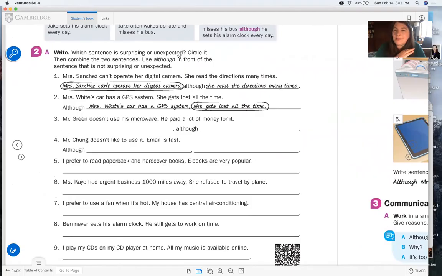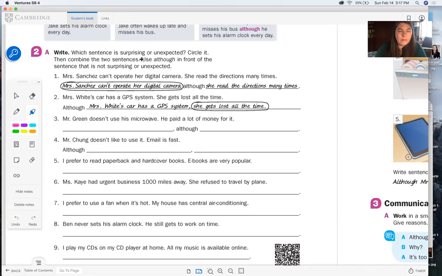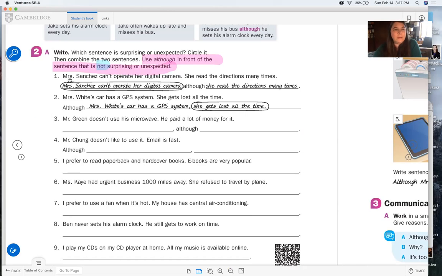And that's the part that does not have although in it, okay? Then combine the sentences. Use although in front of the sentence that is not surprising or unexpected. That's important right here. Okay. So let's look at number 1. Mrs.